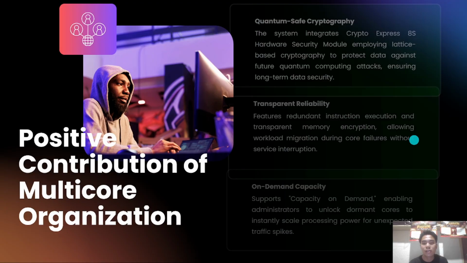Its transparent reliability features mean it can silently correct errors or migrate workloads away from a failing core without any downtime, maintaining the seven nines of availability required by global banks. Finally, the on-demand capacity feature allows businesses to pay for extra processing power only when they need it, such as during holiday sales, by instantly activating physically present but dormant cores on the chip.